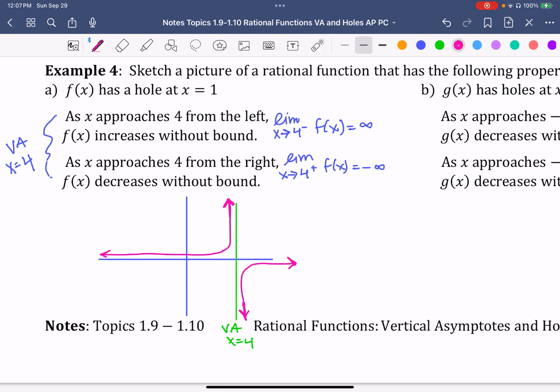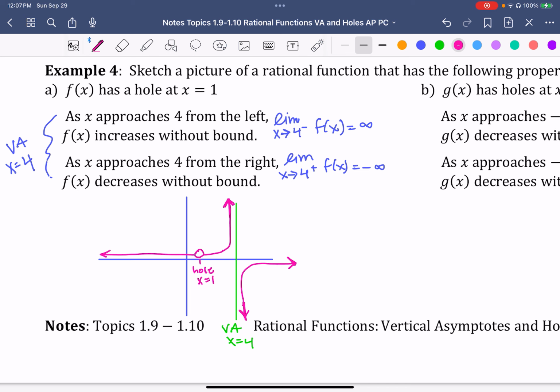Okay, now the only information we have not used is that there is a hole at x equals 1. So now what I'm going to do is figure out where I think x equals 1 would be, and I think it would be right here, and I'm just going to erase whatever I had drawn there, and I'm going to put a little open circle to indicate that that's where the hole is at x equals 1.